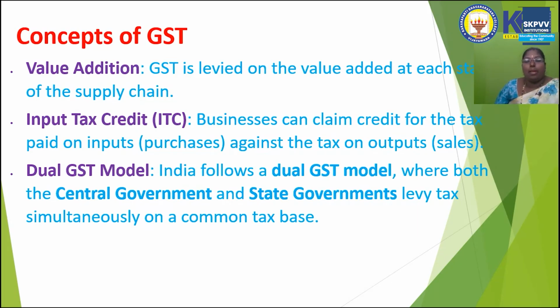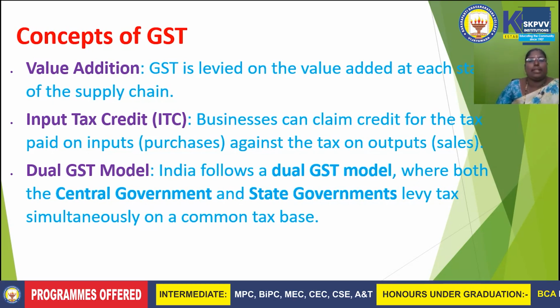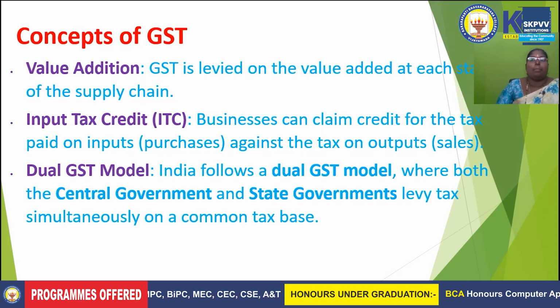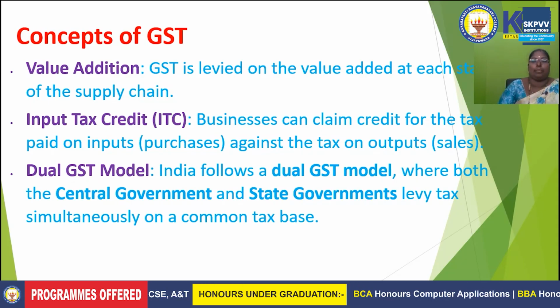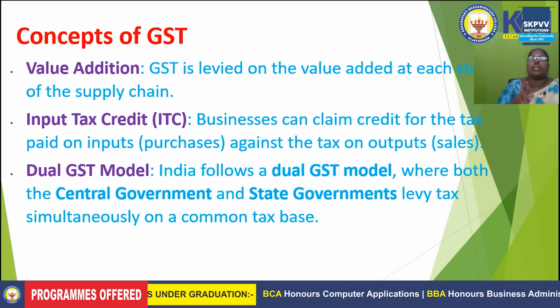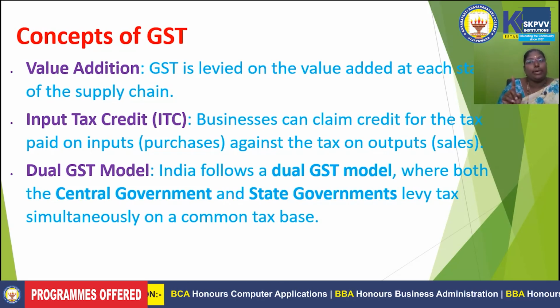For example, while purchasing raw material I paid tax of 1,000 rupees, and through sales I receive tax of 3,000. So 3,000 minus 1,000, that is 2,000, is paid to the government. The 1,000 rupees deducted for tax paid on purchases is called input tax credit.